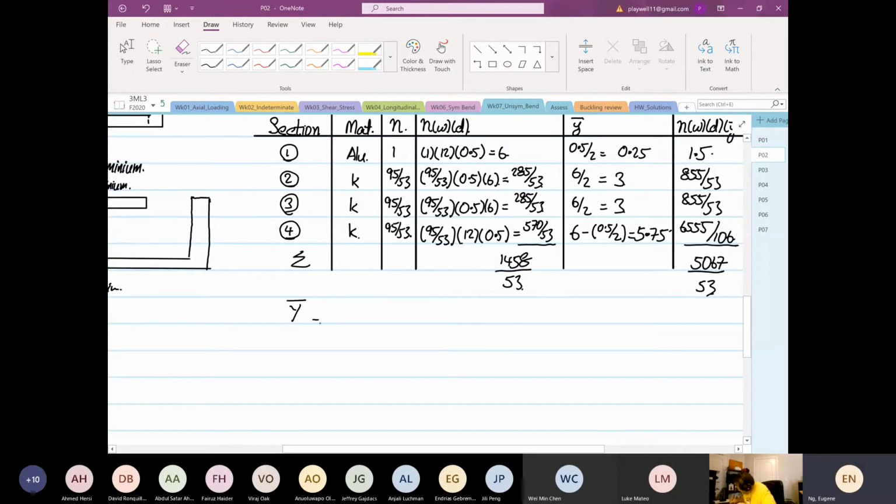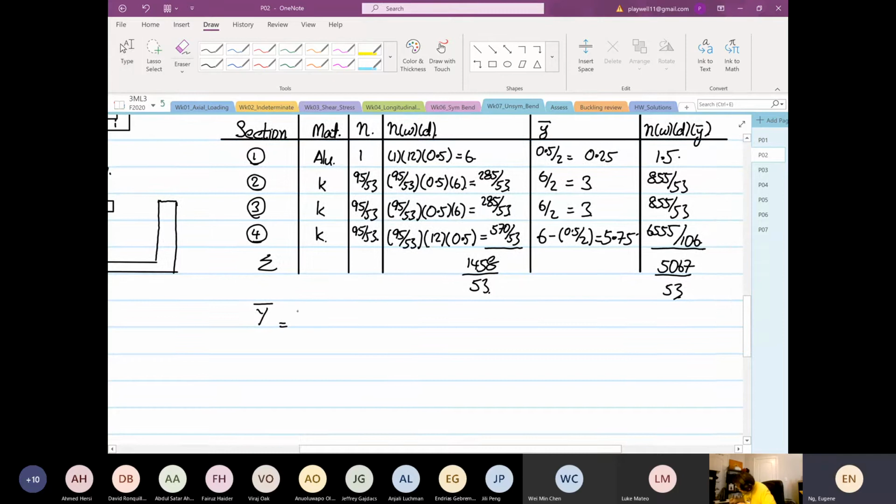Okay, so y bar is equal to 5067 divided by 1458 over 53. Okay, so 5067 divided by 1458. So it's equal to 3.475.